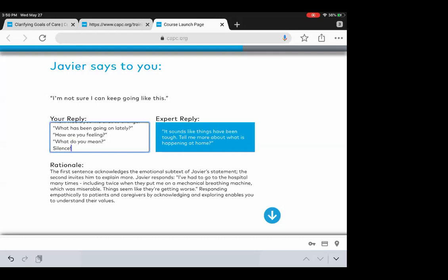There's nothing wrong with just sitting and waiting for more, because they may tell you more. So I think that's a great point, that it gives us a reply, and that's what they're asking for, a statement or a question. How do we respond to this patient? But absolutely don't be in a hurry to do that, because they may follow up with more information that really helps.